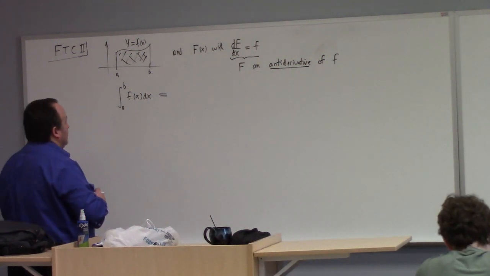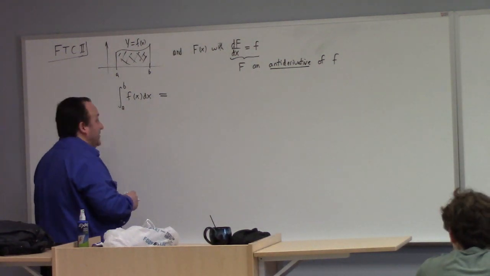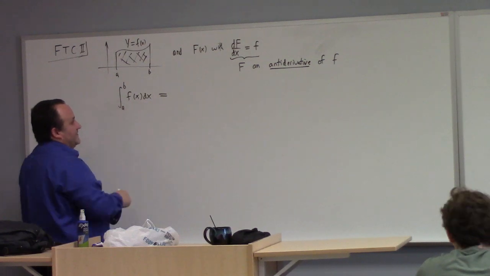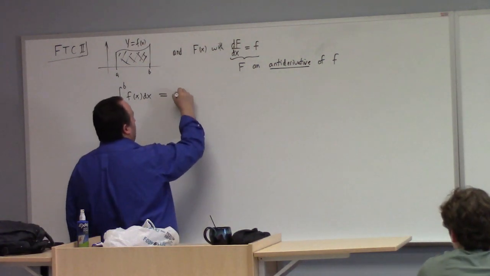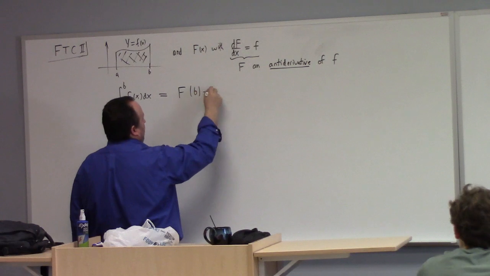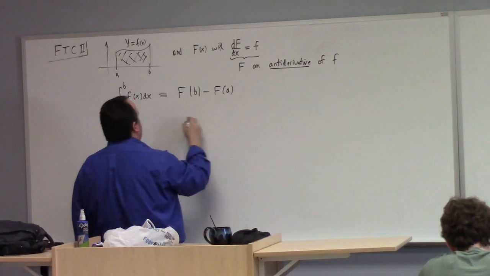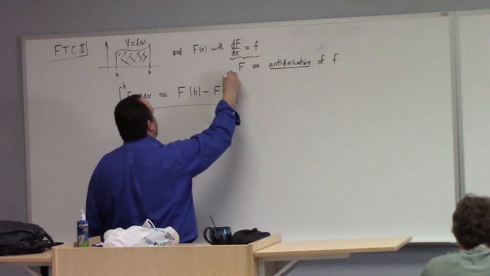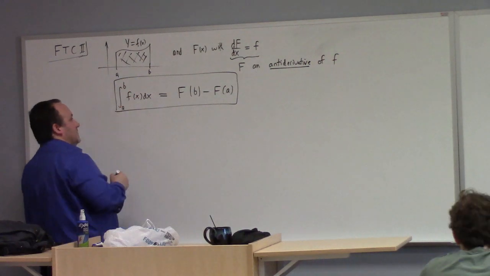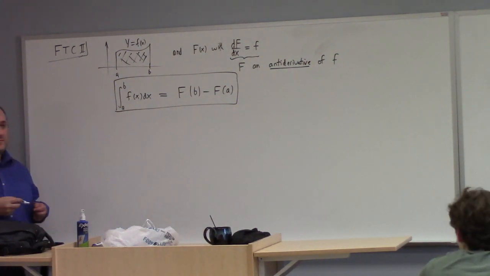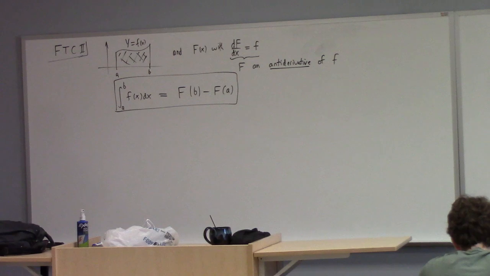But anyway, I miss chalkboards. Anyway, so the integral of f of x dx is simply equal to F of b minus F of a. That is a profound theorem, that the area under a curve has anything to do with the opposite of a derivative. Why should that be? Yet it's true.